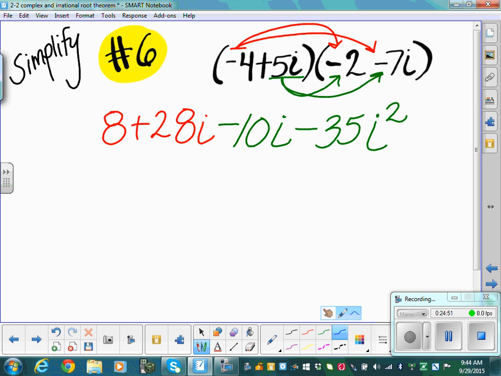Now, before I combine like terms, I'm going to change my i squared to be what? Negative 1. So what we really have right here is negative 35 times negative 1, which is positive 35. Does everybody see what I just did? So I don't have that anymore. So then combining my terms, 8 plus 35.